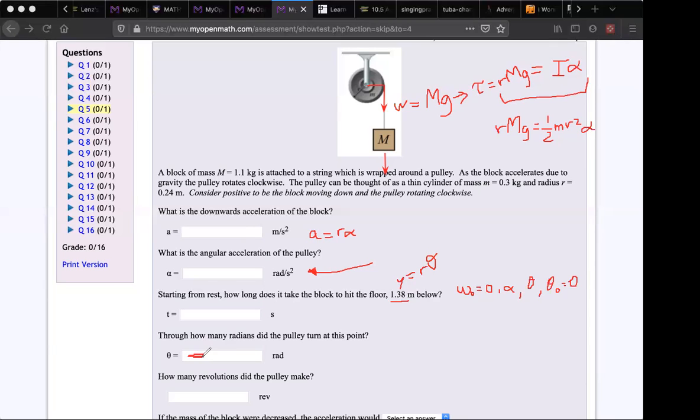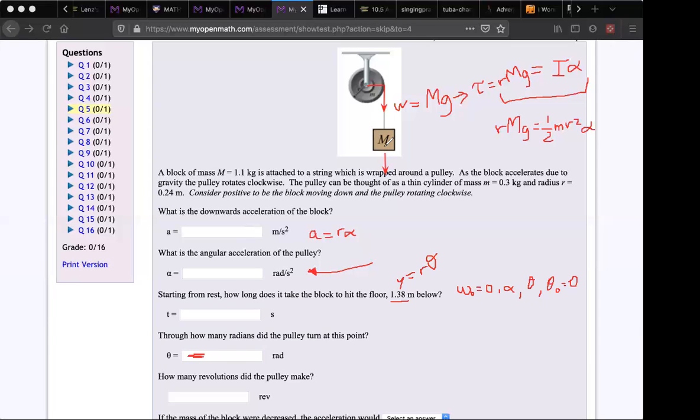So all of these problems kind of follow the same type of pattern where you're looking at a problem and you're saying, well, I'm not sure if I know how to do this, but really the key is to look at where the rotation is and try to see how that's connected to the linear motion. In this case, the rotation of the pulley is connected to the linear motion of the rope.